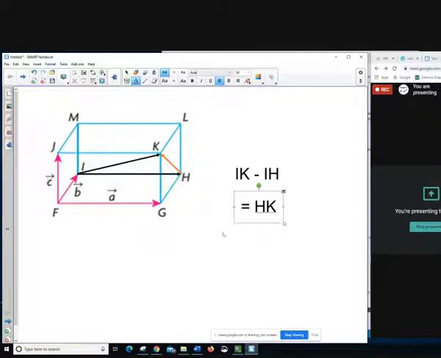So I could either write it as negative b plus c, or I could write it as c minus b, either one of those. But what was important here is to first determine what the resultant was, and we just used our knowledge of subtracting vectors placed tail to tail, and then from there we were able to generate an answer based on these three vectors. So it looks like it's negative b plus c.